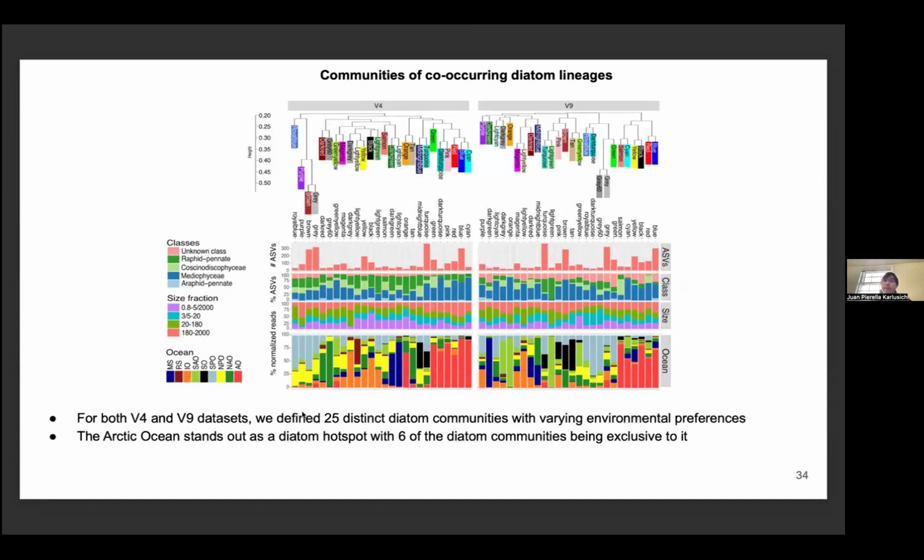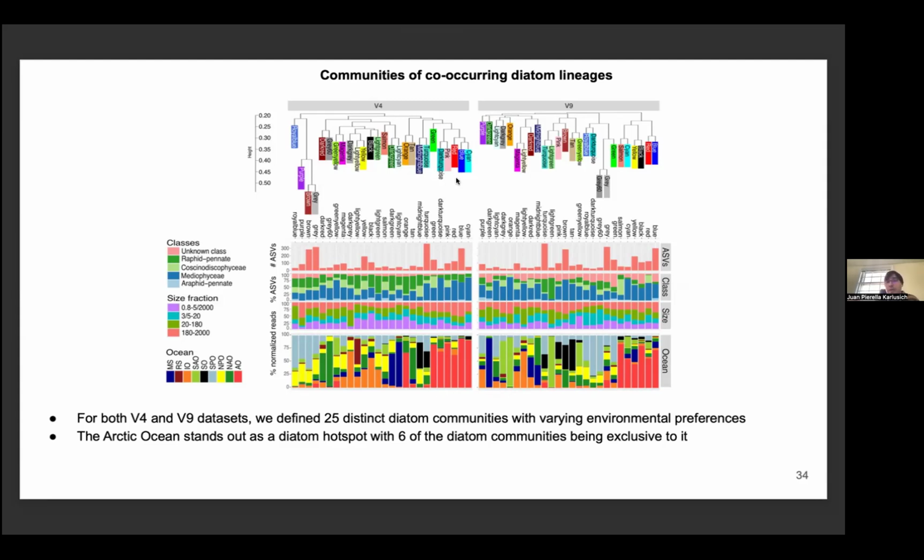We were able to define different diatom communities that were covariant, and these communities also vary in their environmental preferences. I will not go deeply into this, but the main important point here is that the bottom panel shows the ocean distribution of the different communities.